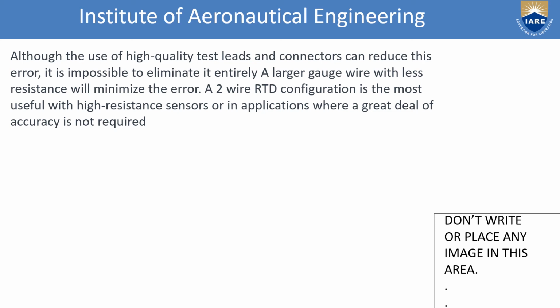A larger gauge wire with less resistance will minimize the error. A two-wire RTD configuration is the most useful with high resistance sensors or in applications where a great deal of accuracy is not required.